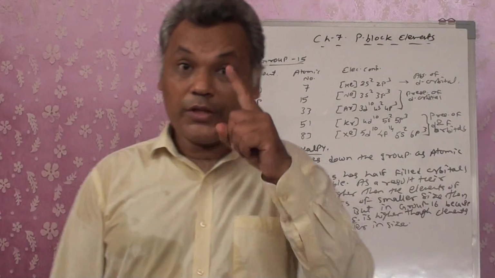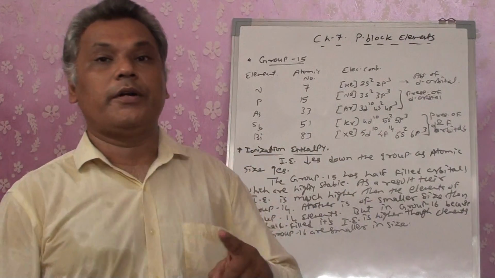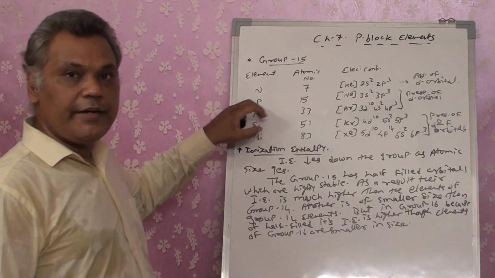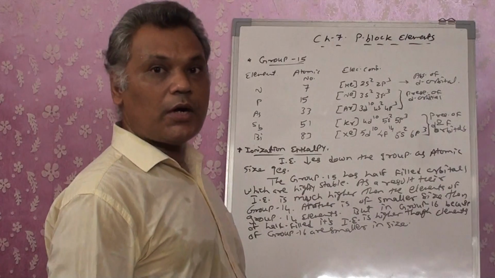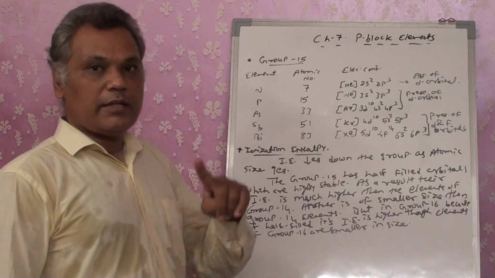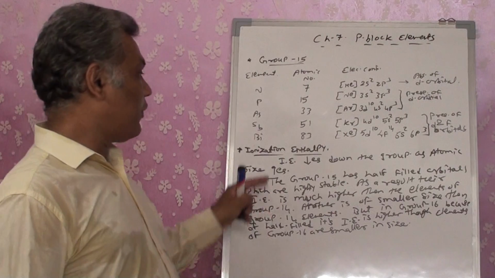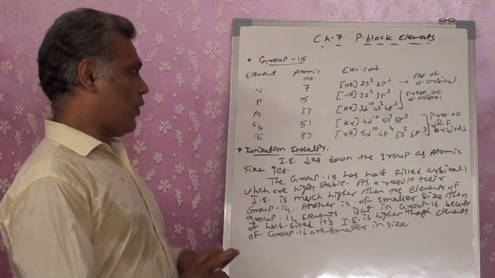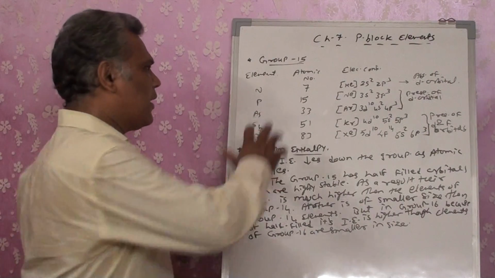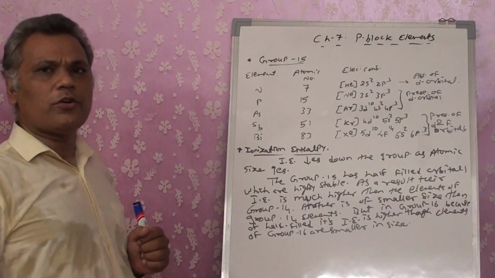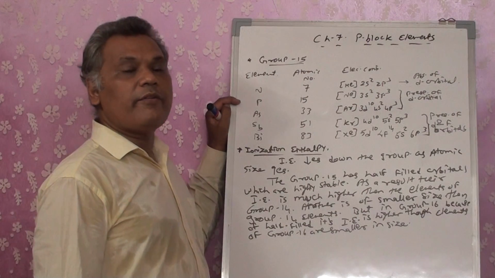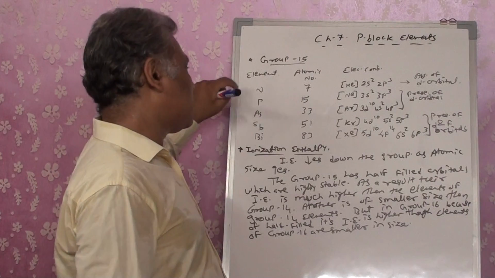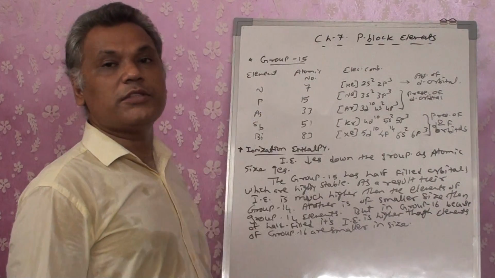Okay, so that is for the ionization energy. Remember, for the group, that means top to bottom, radius increases, so ionization energy decreases. That was a single factor. But when I move to the corresponding elements of group 14 or 16 and compare, like here for carbon, nitrogen and oxygen: carbon has 6 electrons, nitrogen 7 and oxygen 8.